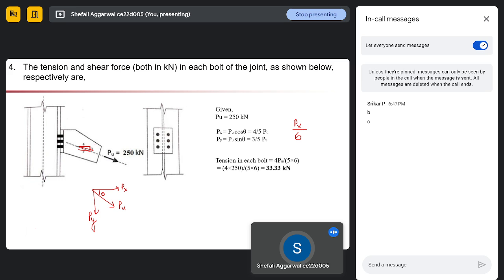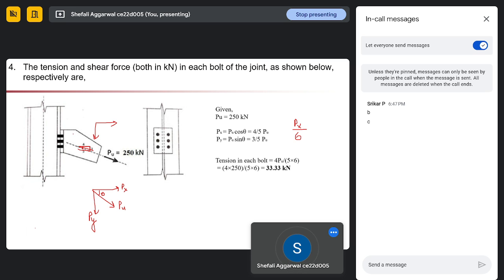So if we see this thing, this force is going in one direction, and this will be a tensile force, and this will be a shear force, right? In this direction it will be tensile force, and in this direction it will be shear force. It is clear, na? Because in the axial direction tensile will be there, and shear force will be in the perpendicular direction to the force, right?